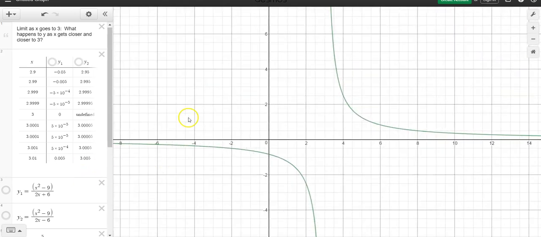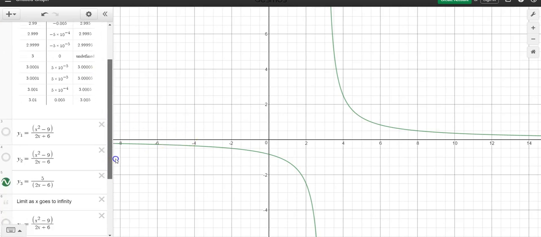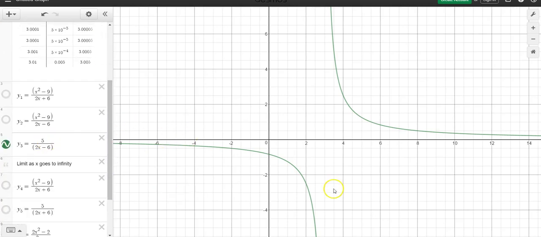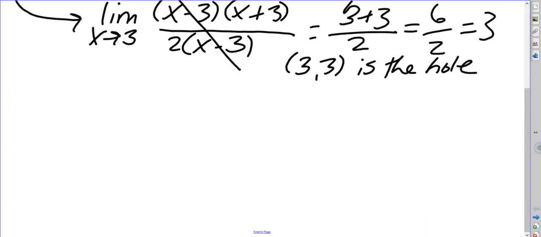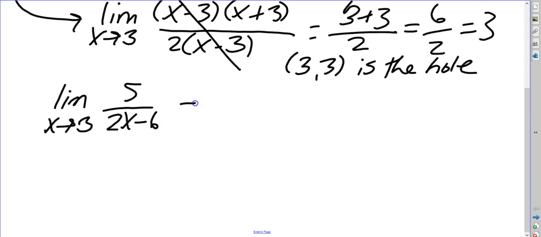Now, how do you tell that from doing the limit? Okay, so this is 5 over 2x minus 6. So what does that look like when we actually calculate the limit? The limit as x goes to 3 of 5 over 2x minus 6. We get 5 over 2 times 3 minus 6.